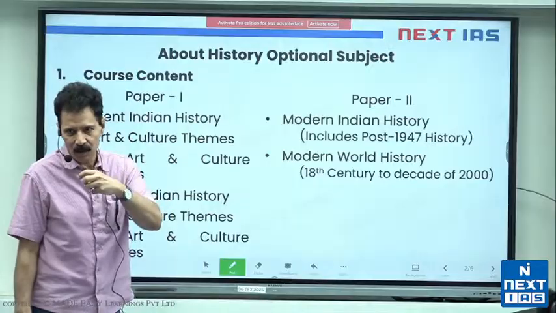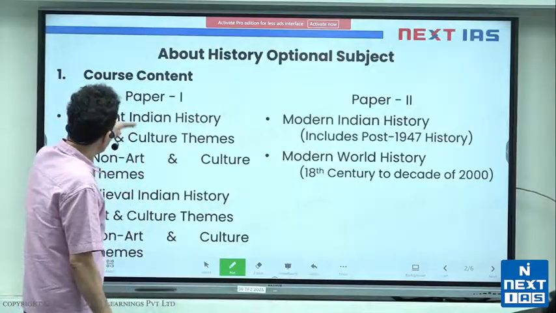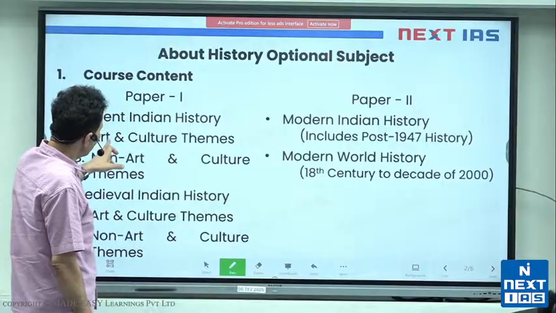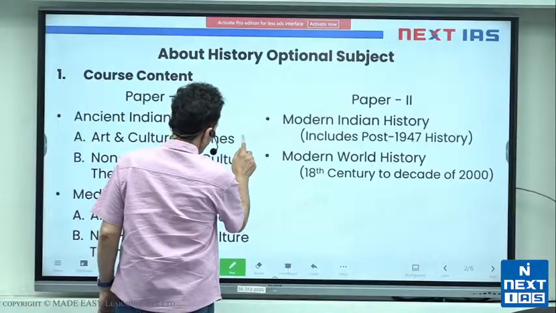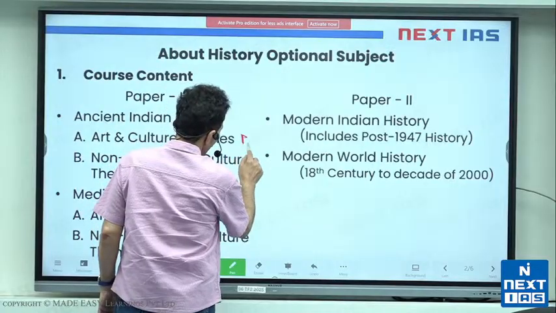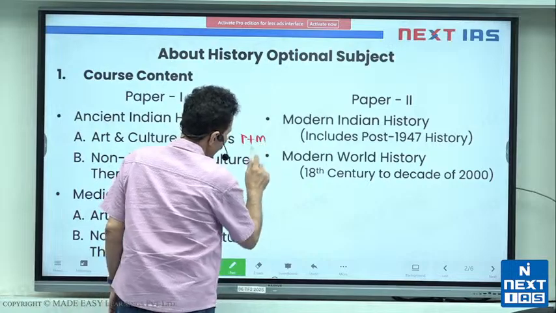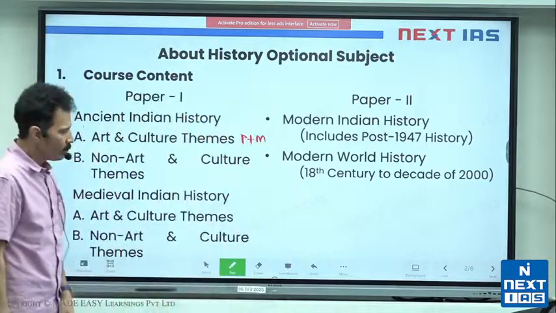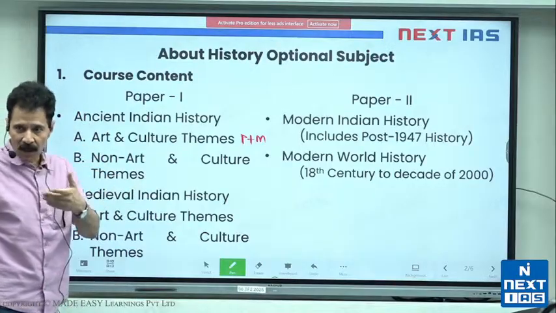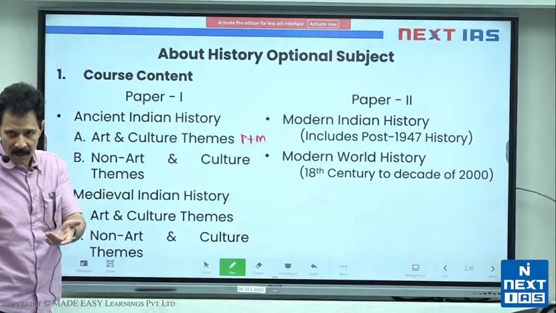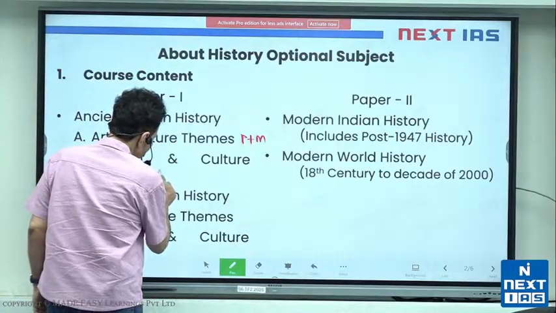Now connected to history in GS. Ancient Indian history, art and culture themes: this is there in GS Prelim plus GS Main. Agreed? Ancient Indian history, non-art and culture themes, that means social themes, economic themes, and political themes: that is there in GS Preliminary.